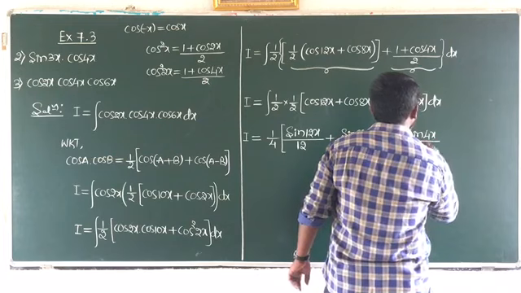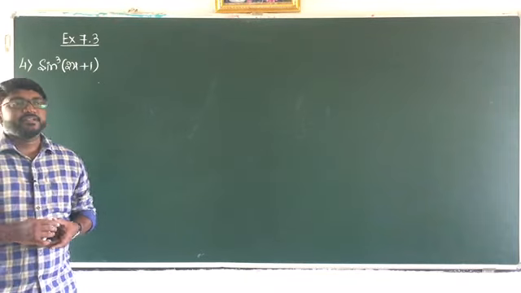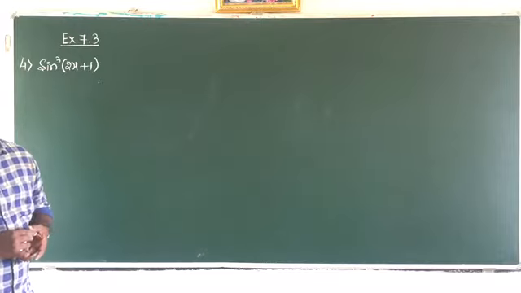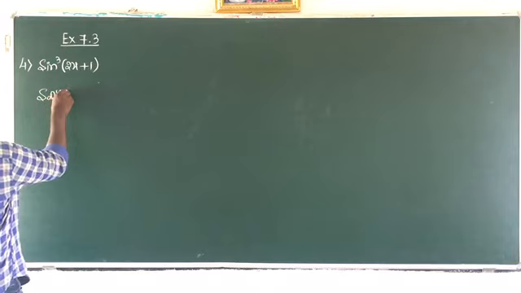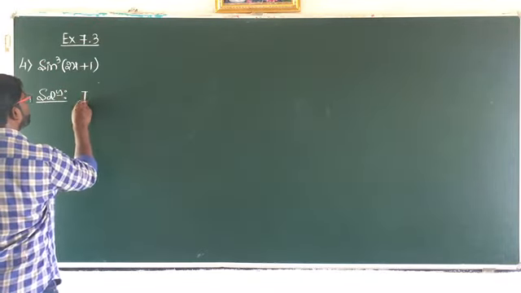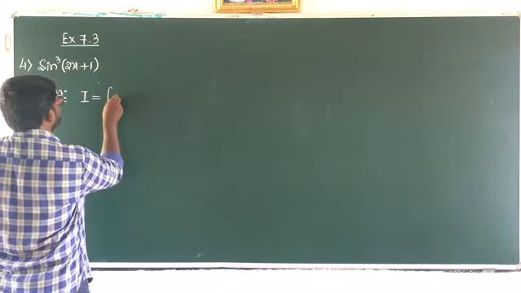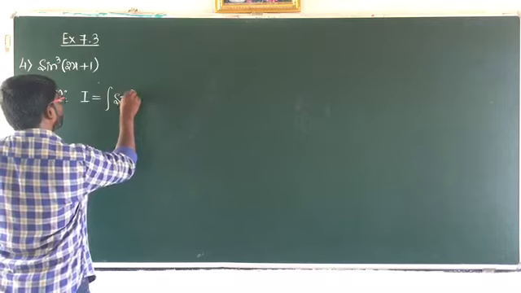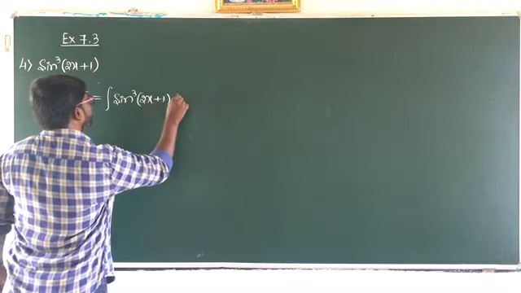divided by 4. Plus, the next question, it is sin cube 2x plus 1. Take this as I, which is equals to integral sin cube 2x plus 1 dx.